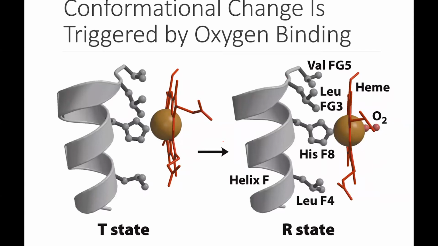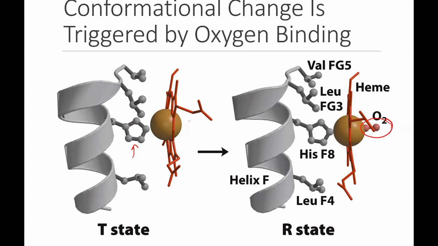Here's a closer look at a conformational change that is occurring that actually is shifting and triggering oxygen binding. So here's a close up of the heme molecule. Remember, heme is held in this state by a histidine. You can see it right here. And here it is bound to an oxygen molecule.